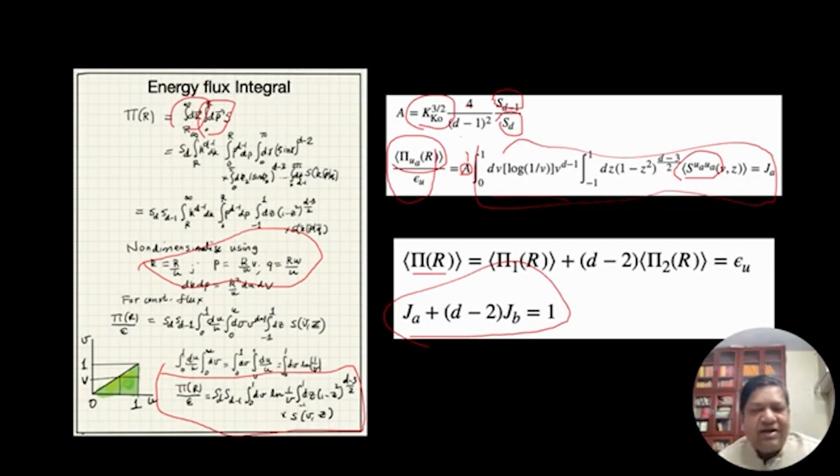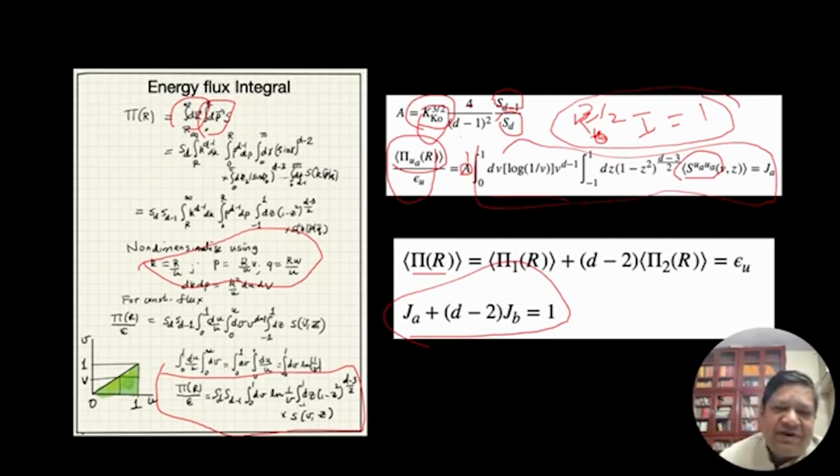So I can do the integral, and if I do everything right, I get k_0 to the 3/2 multiplied by a number, some I, equal to 1. This I will be a function of S_{d-1}, and so on. But this is computable. This is coming from all this algebra.